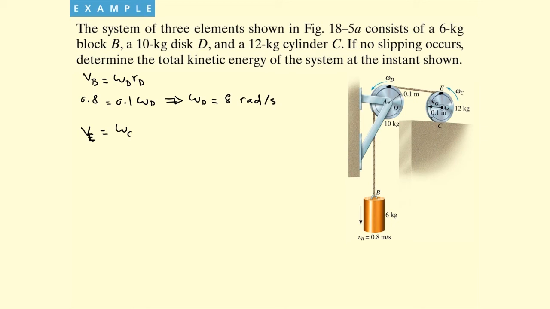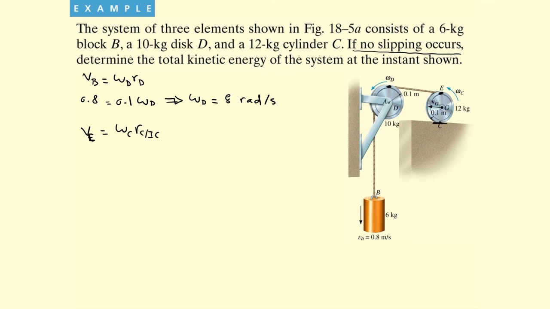Since it says there is no slipping, then you know from kinematics that the instantaneous center of zero velocity in this case becomes the point of contact with the ground, which is this point. Okay, so it's going to be omega C RCIC.